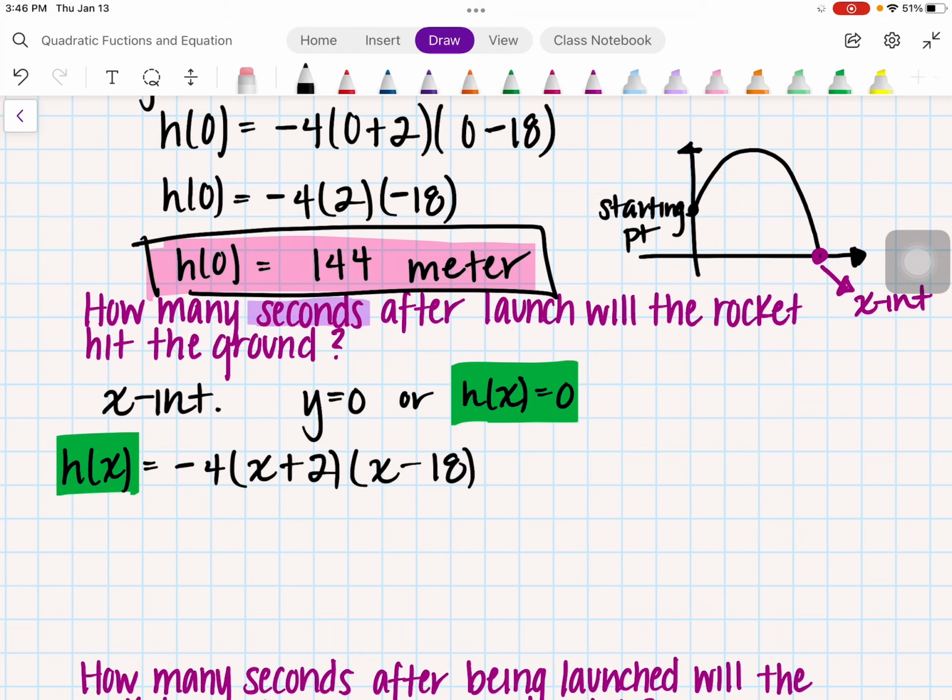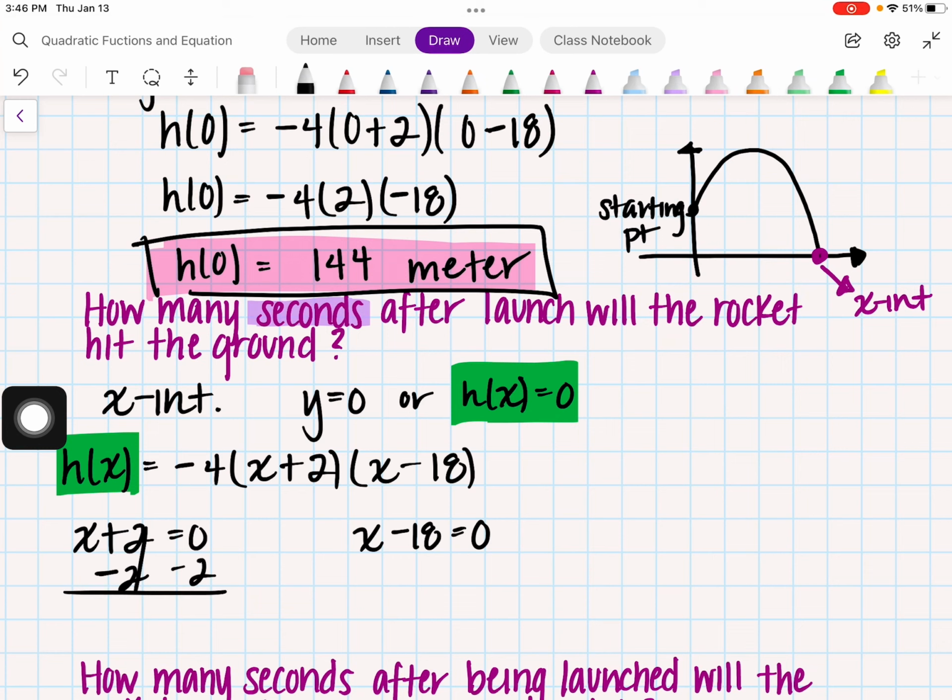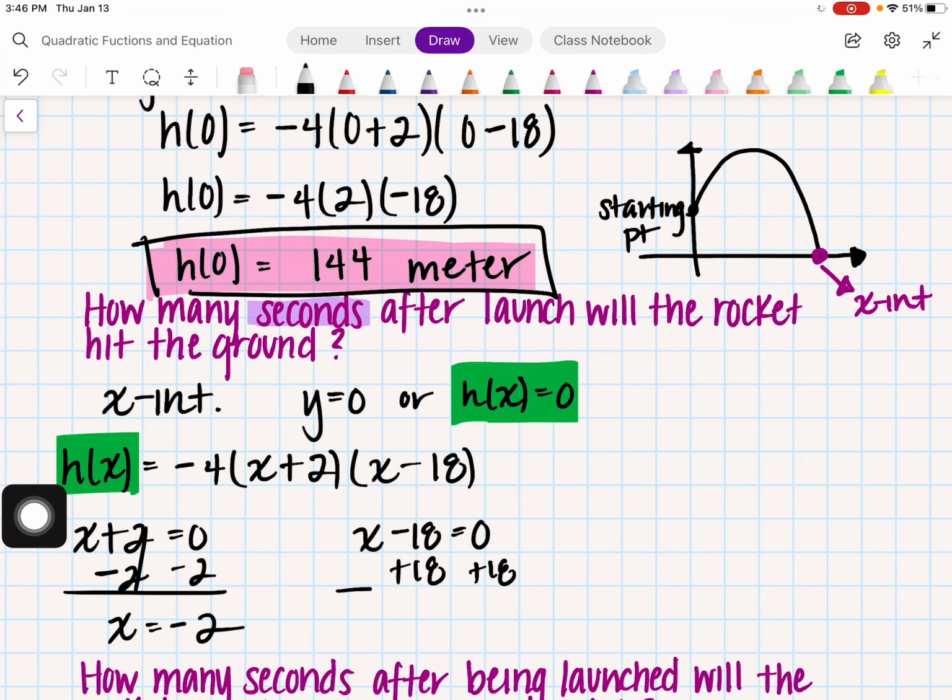We are solving for the x-intercepts, and factored form equations help you identify the x-intercepts. In order to do that, we have to make both of these binomials equal to 0. So I have x plus 2 equal to 0 and x minus 18 equal to 0. Let's solve for x on both of them. x equals -2, and on the other one, x equals 18.